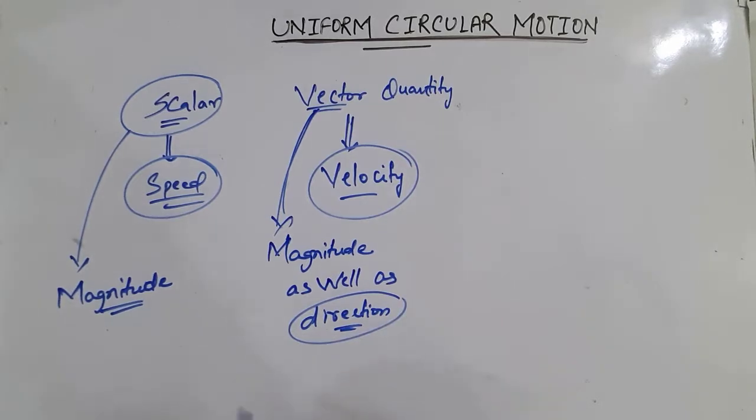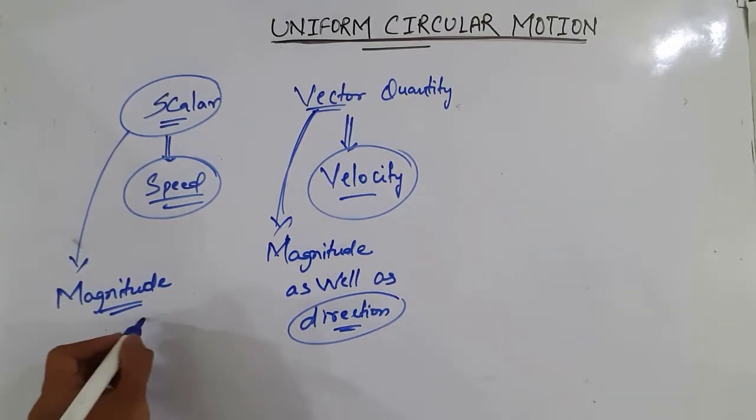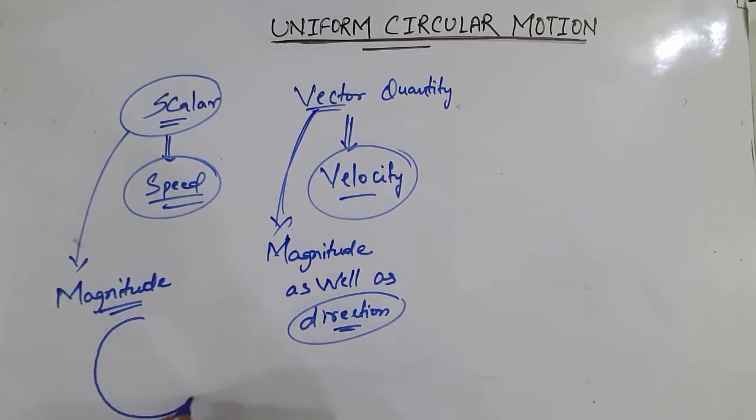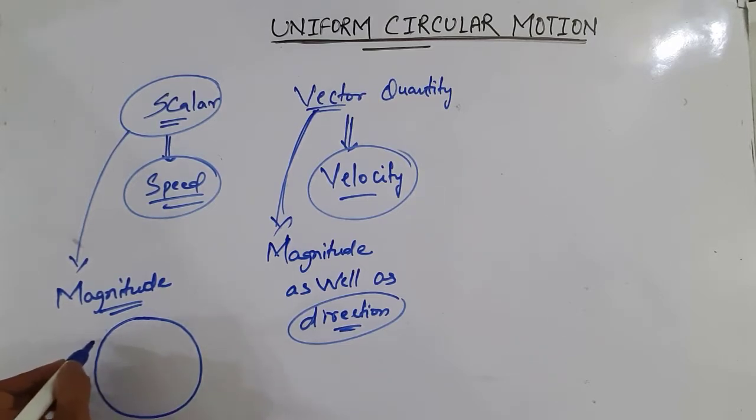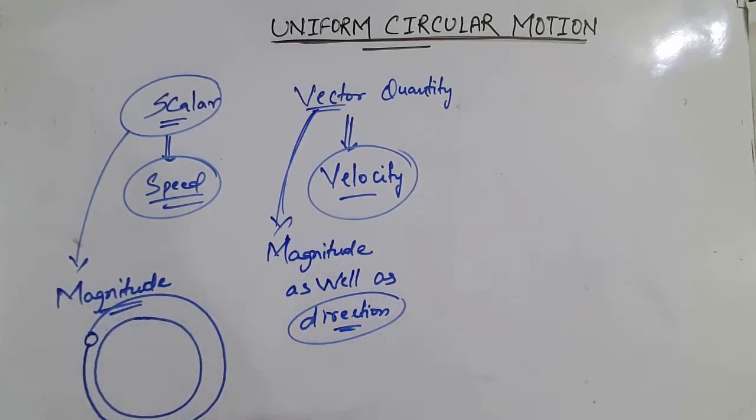So suppose a body is moving in a circular path, and it is moving with a speed of 50 km per hour.